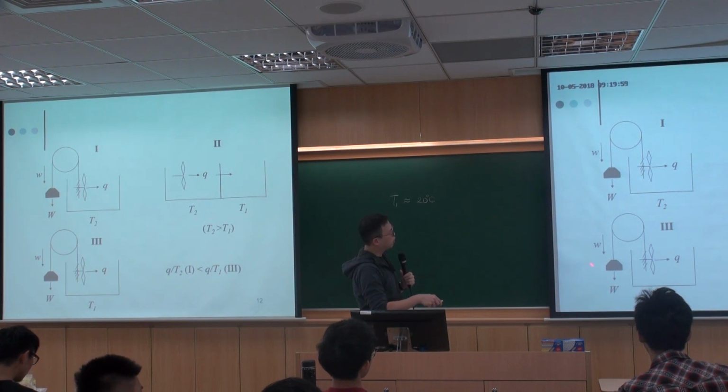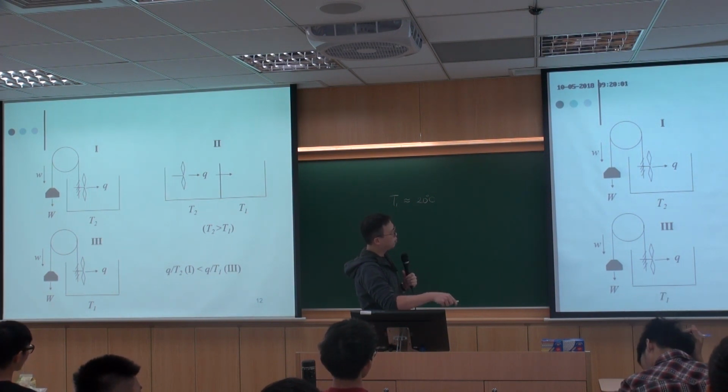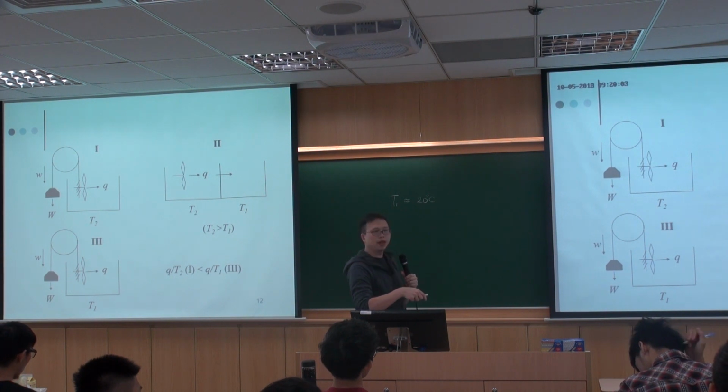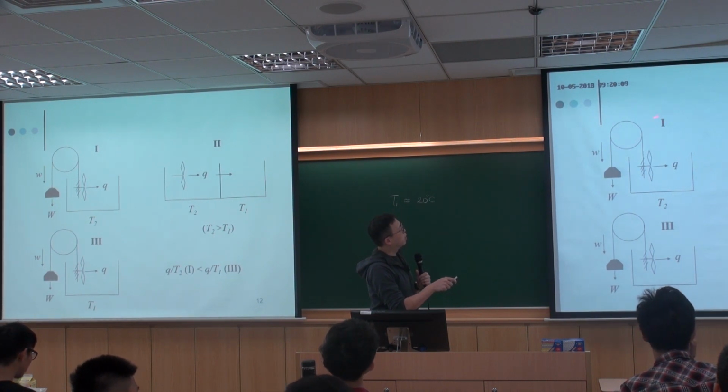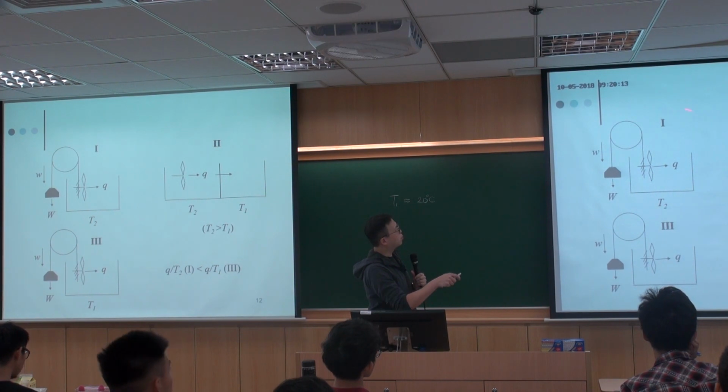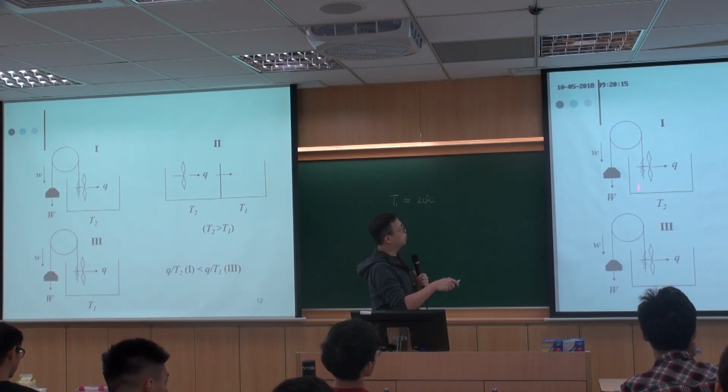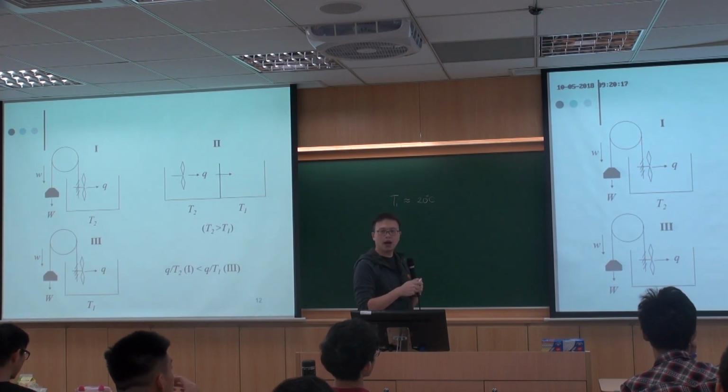And the textbook mentions that this process 3 actually can be divided into two processes. That means we can divide this into 1 plus 2. And process 1 over here is similar to the very beginning of this process.